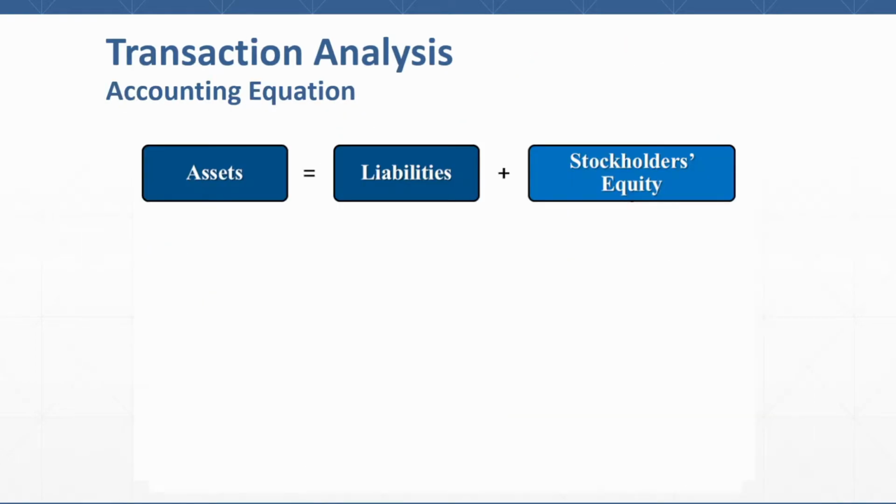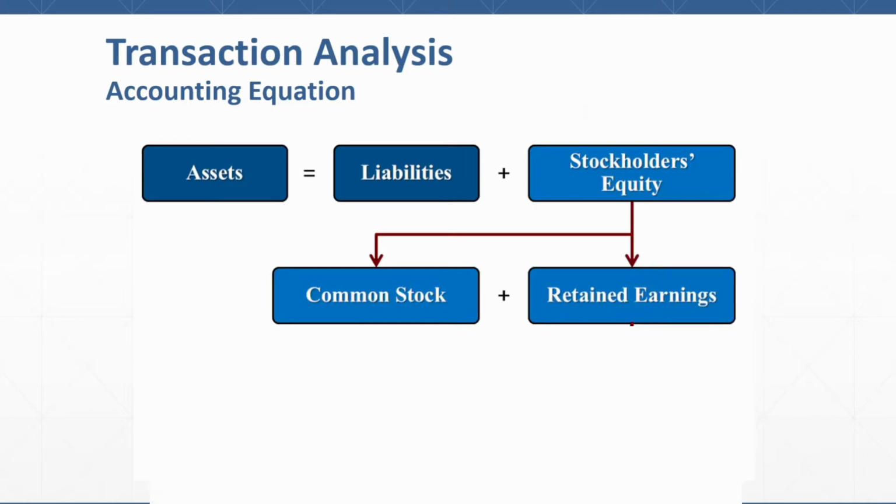But the accounting equation is not as simple as what we learned so far. That was the basic form of the accounting equation: assets equal liabilities plus equity. We can decompose equity into two components, common stock and retained earnings. Common stock is a certificate of ownership, the money that investors put into the company, and own part of the company.